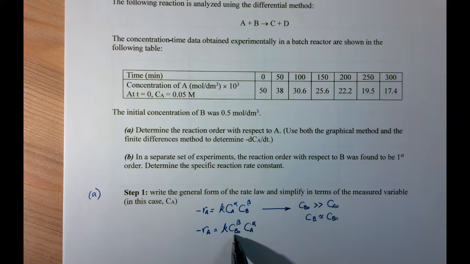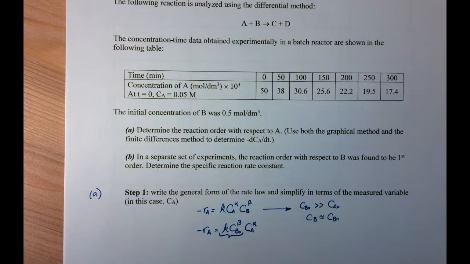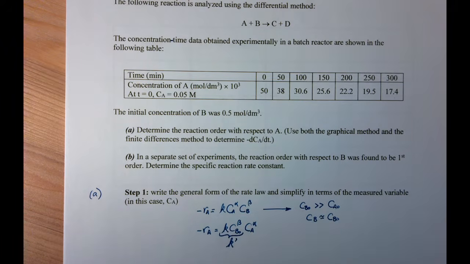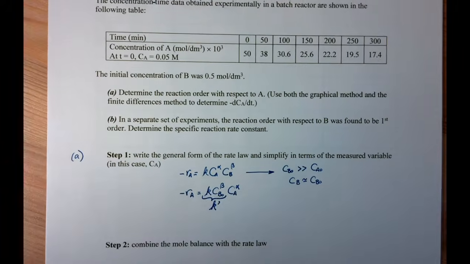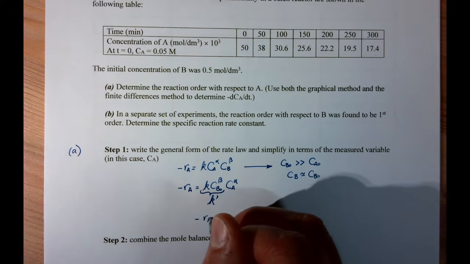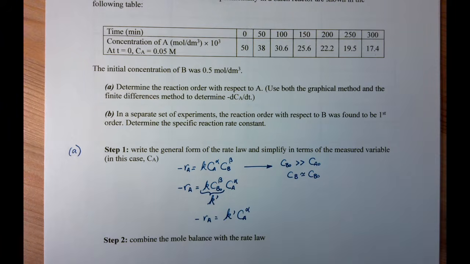And since Cb naught is a constant and K is also a constant, I can consider all of this as a constant. And I'm going to call all of that K prime. Okay? So now my negative Ra is equal to a constant K prime times Ca to the power of alpha.